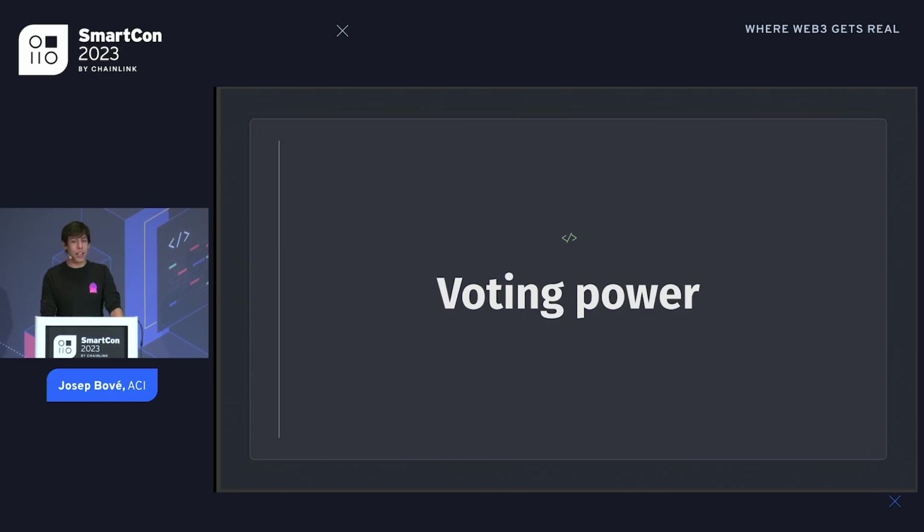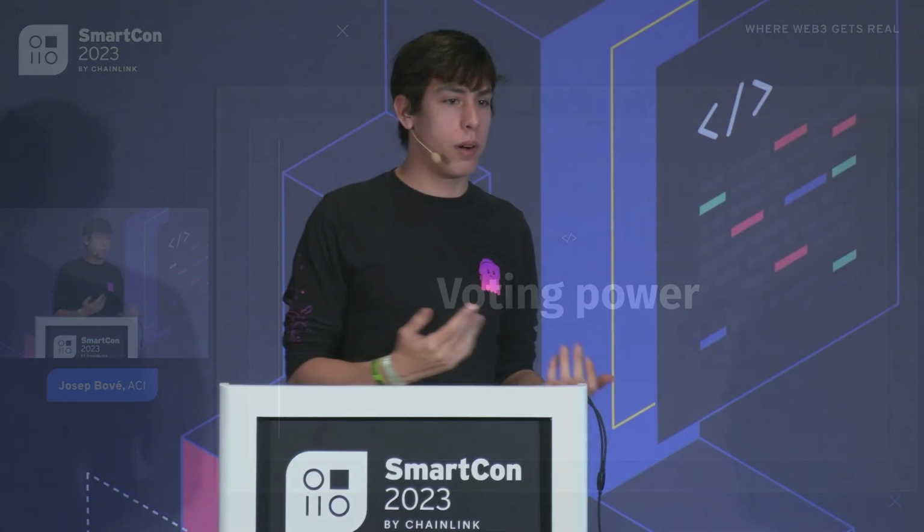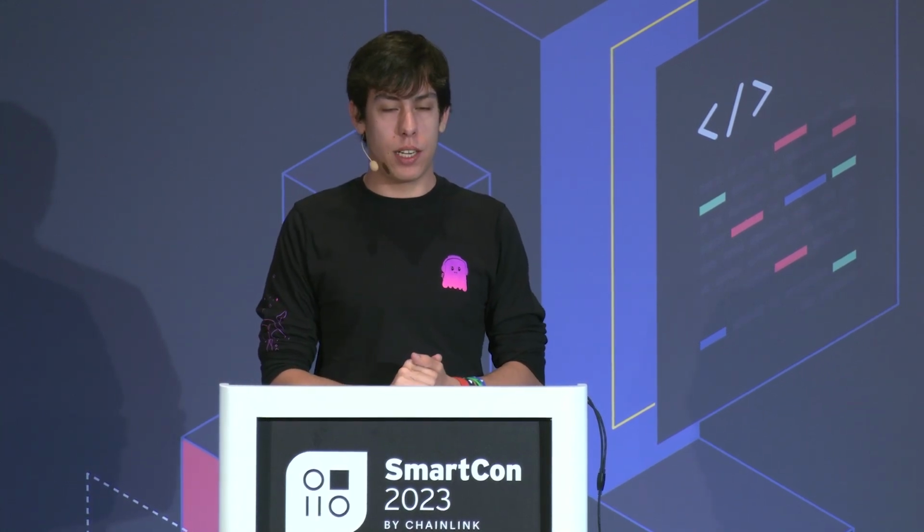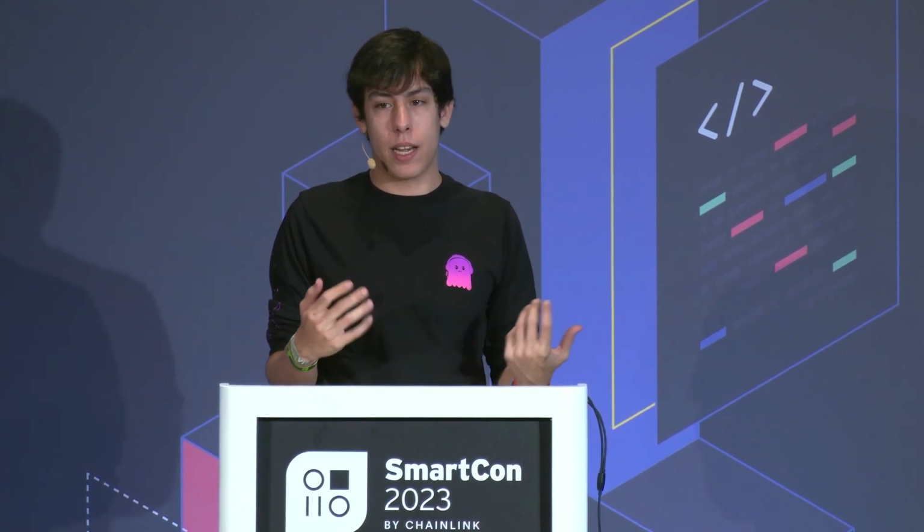One of the problems that we have right now, especially in governance tokens, is that you must know what voting power you had at a specific date. So let's imagine the Aave DAO, for example. If you want to vote on a proposal, I need to know how much voting power you had at that proposal block.